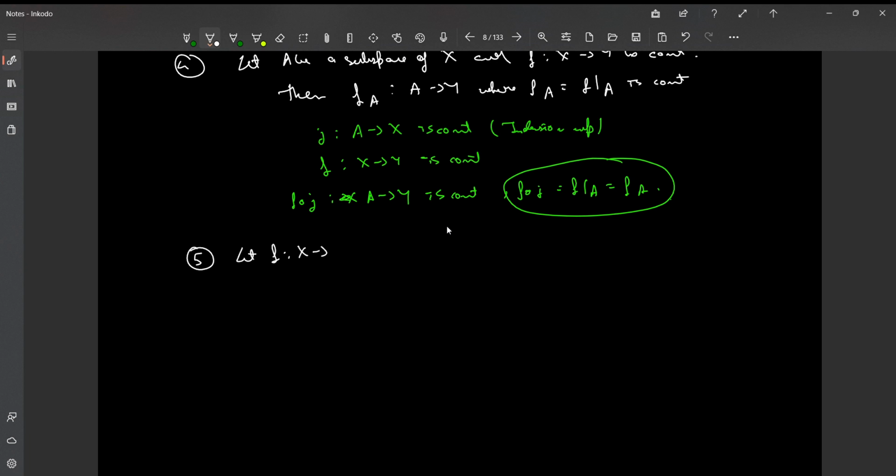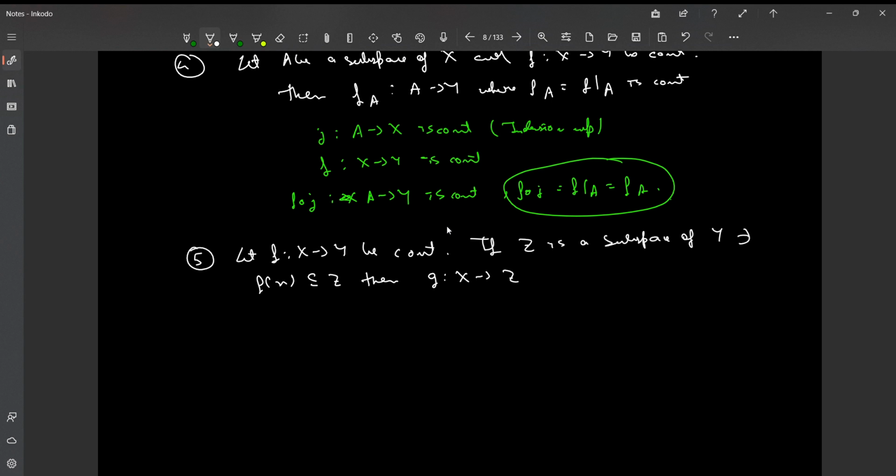Let us go to two more such constructions. Number 5, let f from X to Y be continuous. Let Z be a subspace of Y. If Z is a subspace of Y such that f of X is contained in Z, then a function g from X to Z is continuous.